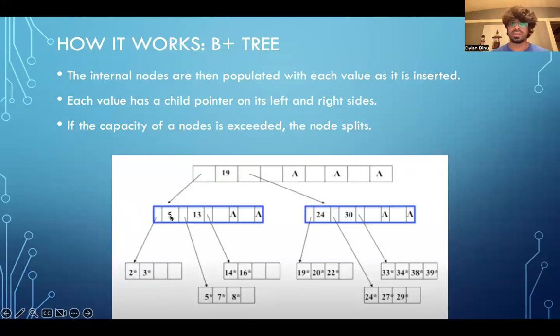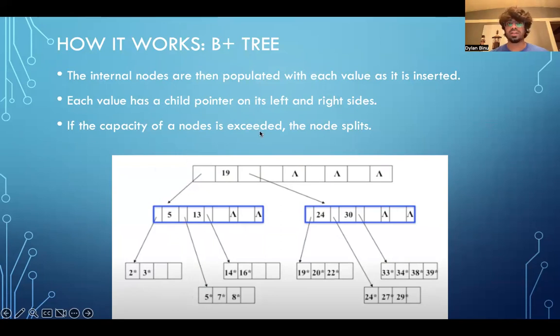So for example, if you're inserting 5, it looks at 19, it knows that 5 is lesser than 19, so it creates a section here, an internal node, and then 5 gets allotted here. And as more values get allotted, these leaf nodes get formed, and then 5 is assigned to the appropriate leaf node down here.